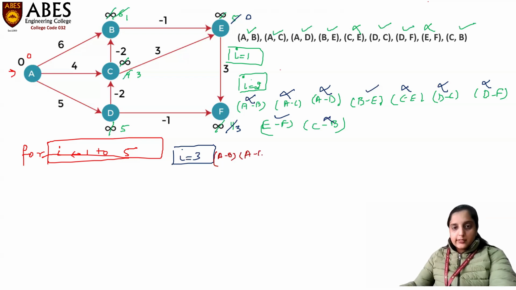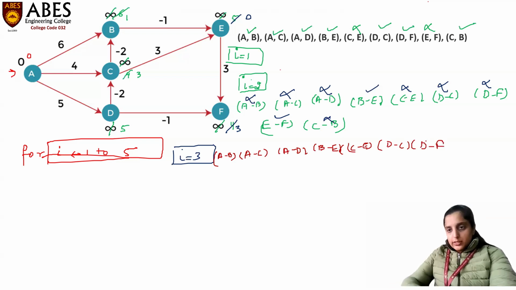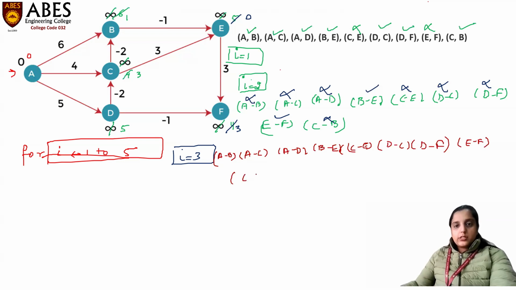But you have to check AC, AD, BE, CE, next DC, next DF, once again, next EF, and again, next CB.